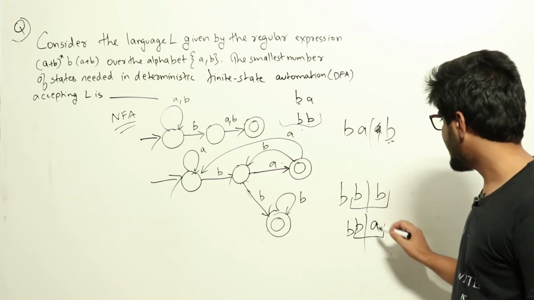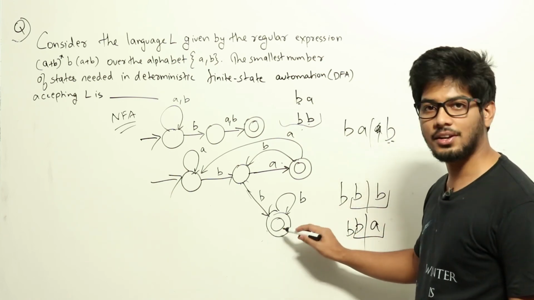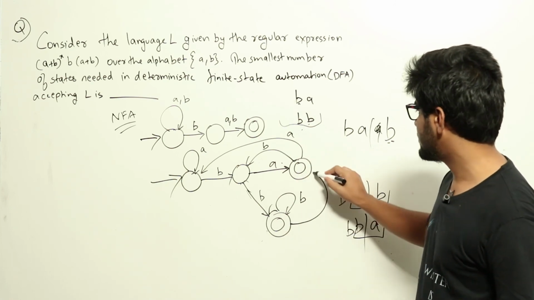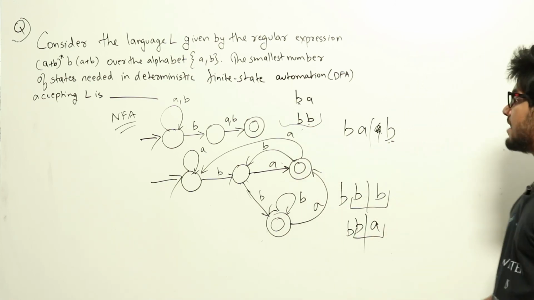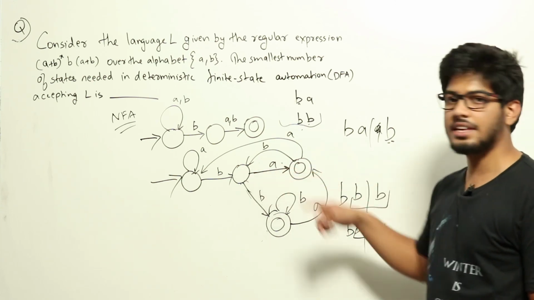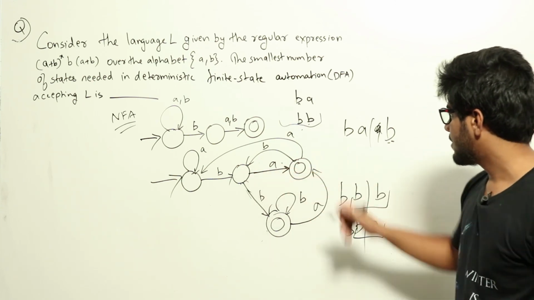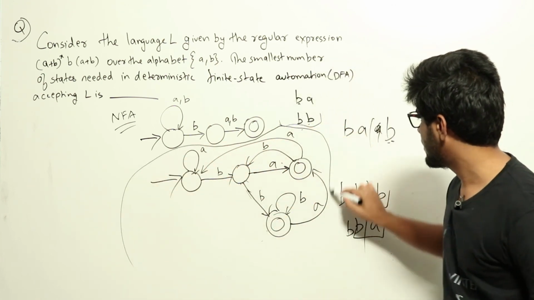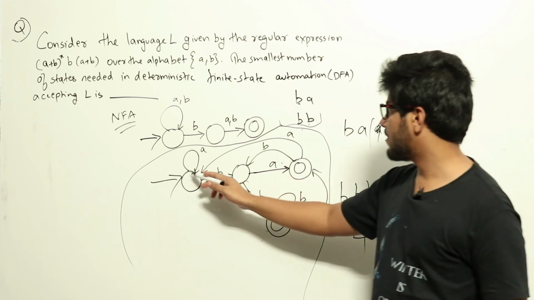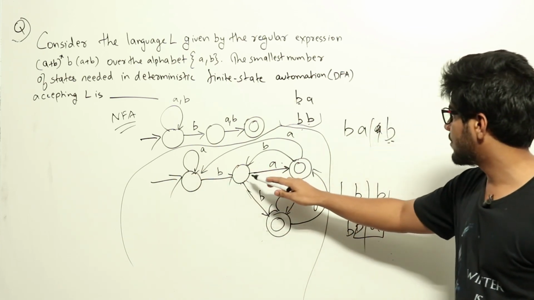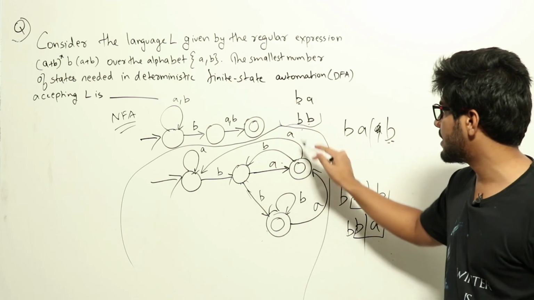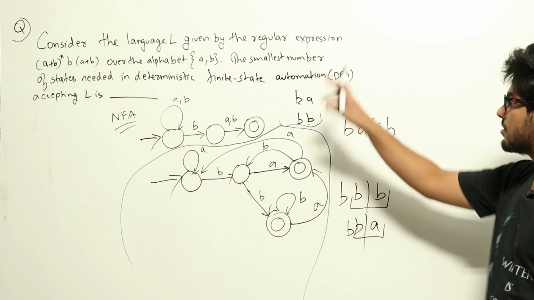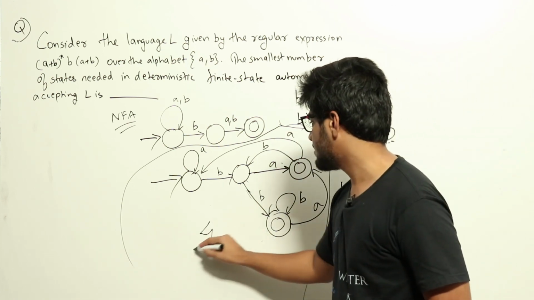But it won't go back to this same state. When we are accepting with BA, it was this state. So on seeing A, I need to go to this state. This state means we have already seen BA so far. So this is the minimal DFA for the question. You can verify that for each state I have given transitions for A and B. So this is the minimal DFA for the language given here. The number of states is 4.